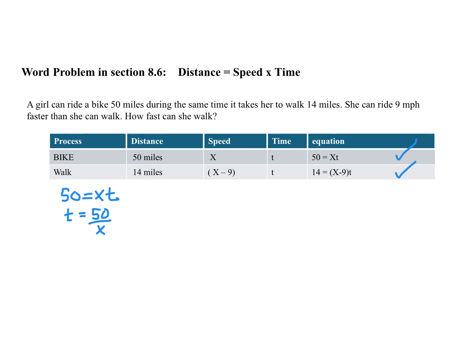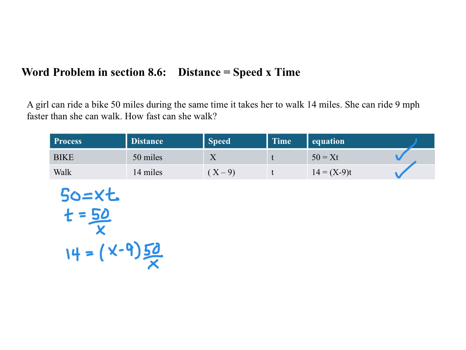Now we're going to use that information in the second equation. So we have 14 is equal to x minus 9 times 50 over x.